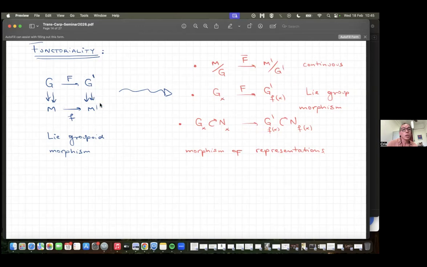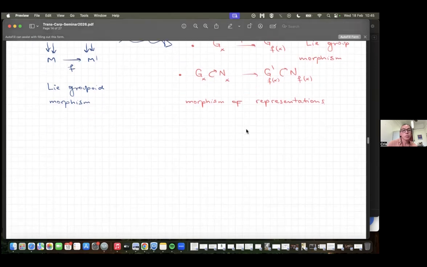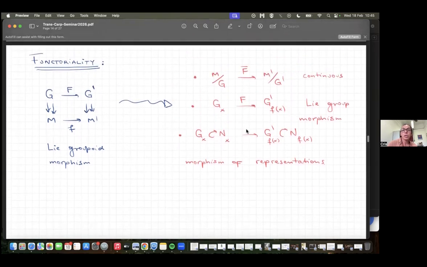So we want a condition on F which tells you that F bar is a homeomorphism, F is a Lie group isomorphism, and this map is an isomorphism of representations. The answer to this question is related to the main topic of the talk, which is the notion of Morita equivalence of Lie groupoids.